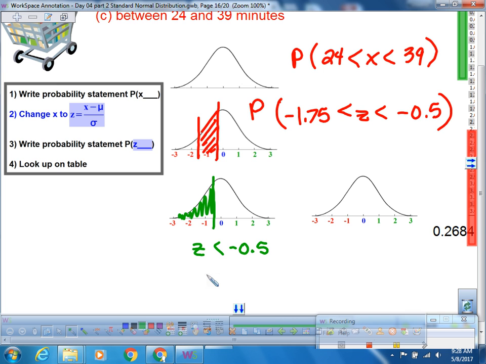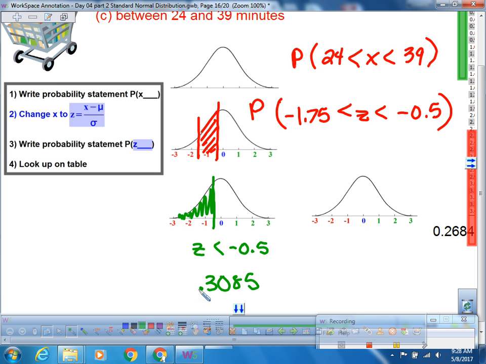No, I just need the z-score for less than negative 0.5. What's that z-score? I can't hear you. Thank you. 30.85 is this score. That's that percentage, right?